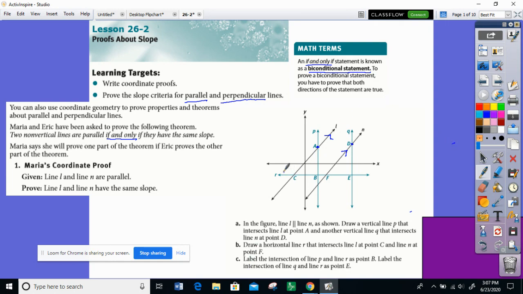We've also got a horizontal line R that intersects line L at point C and line N at point F. So we've also got the intersection of line P and line R as point B. And we've got the intersection of line Q and line R as point E. So those are all the points that we're going to use to work out this proof.